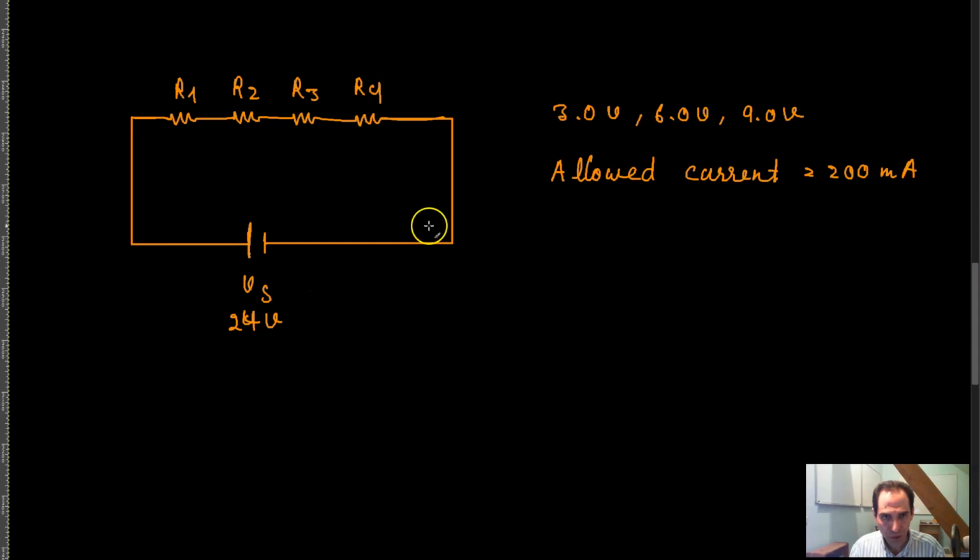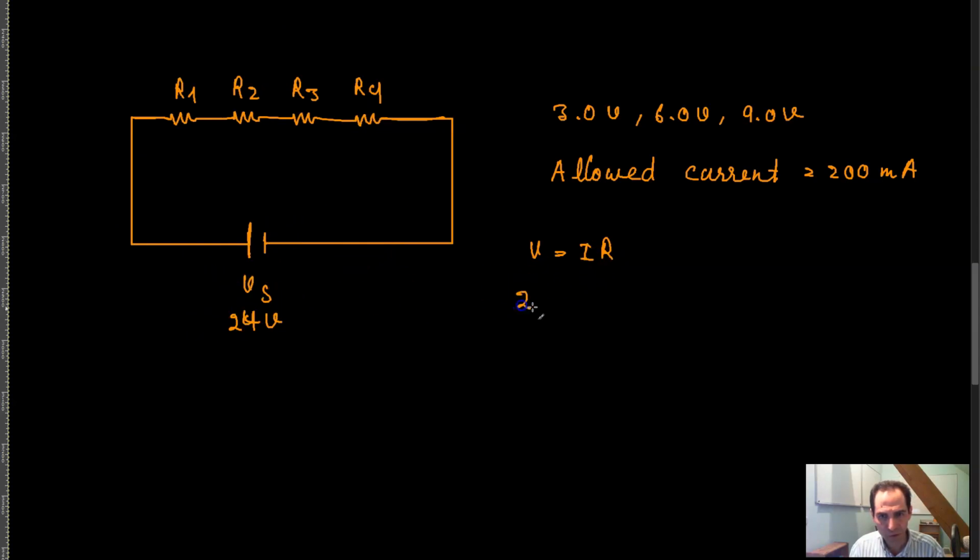In order to do that, since the allowed current is 200 milliamps, I set the current at 200 milliamps and write Ohm's law, V equals IR, for the whole circuit.